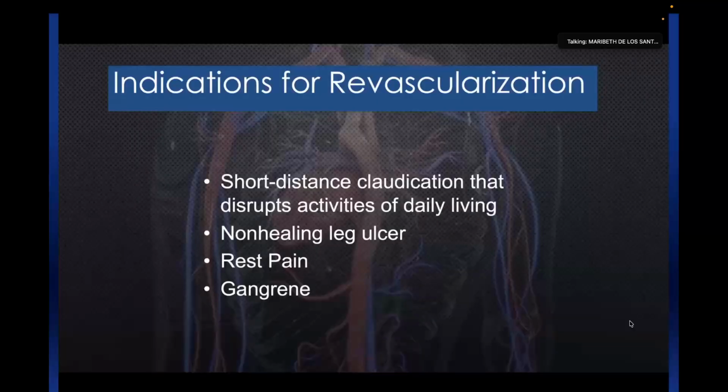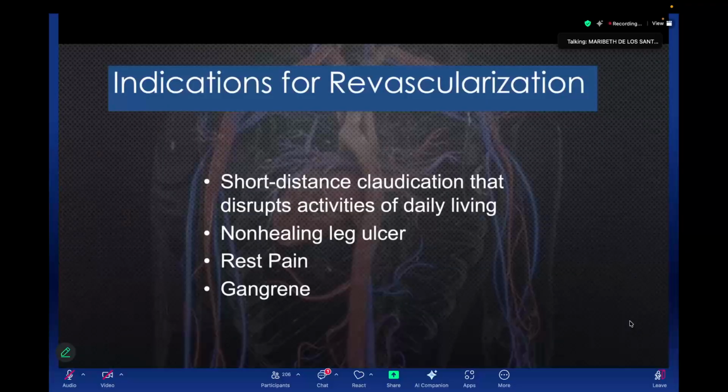But in patients with critical limb ischemia, meaning to say there's rest pain, there's gangrene and ulcer or non-healing wound, these are the subsets of patients that will need revascularization. Seldom will they respond to just medical management. So you need to increase the blood flow to that non-healing wound. No?